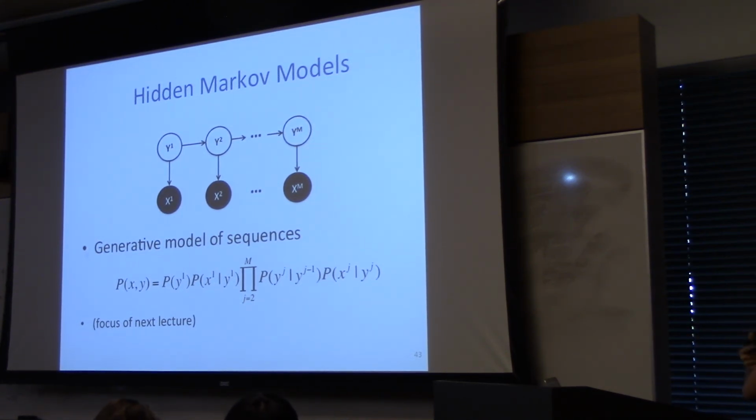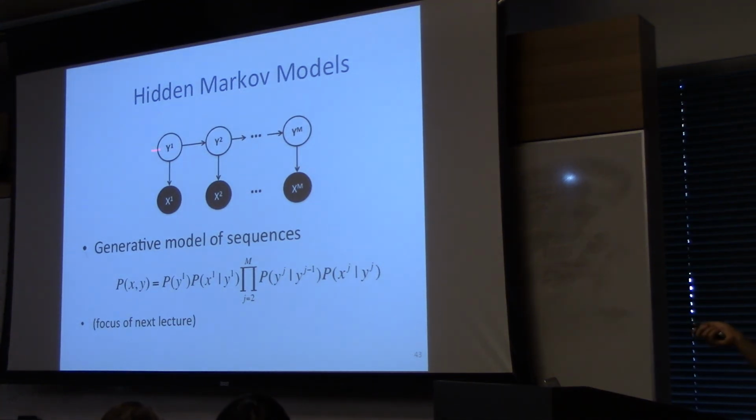And so the hidden Markov model is very similar in the underlying independence assumptions to naive Bayes. You have a sequence of x's, and then you have a sequence of y's. The canonical motivating example is part of speech tagging, where the x's are words, a sequence of words in a sentence, and the y's are part of speech tags, like determiner, noun, verb, determiner, noun.